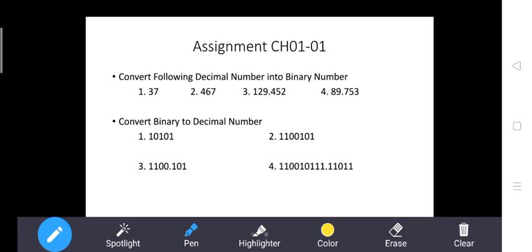The second question is to convert binary to decimal numbers. First is 10101. Second, 11000101. Third, 1100.101. Fifth, 1100101111.11011. You have to solve all these questions.